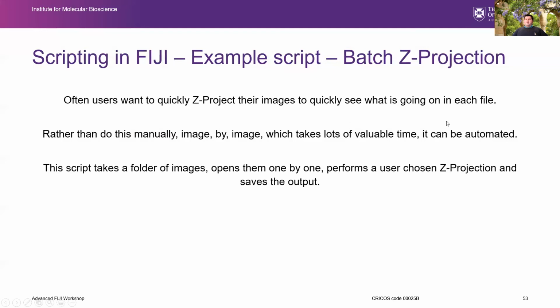So this will speed up their workflow. One of the main goals of doing a script, rather than doing it manually, image by image, is that it's now automated. It takes a folder of images, opens them one by one, performs a user-chosen Z projection option, and saves some outputs for them.